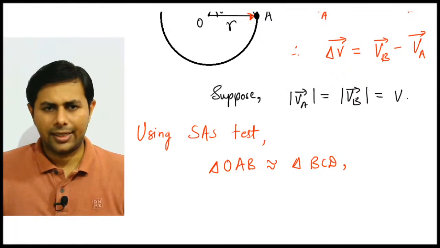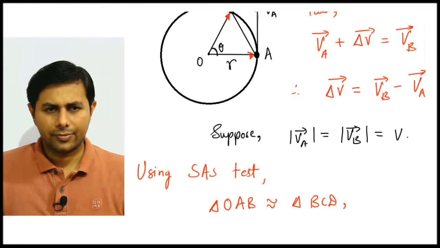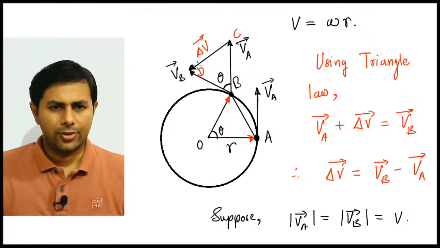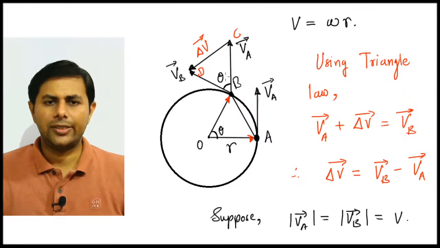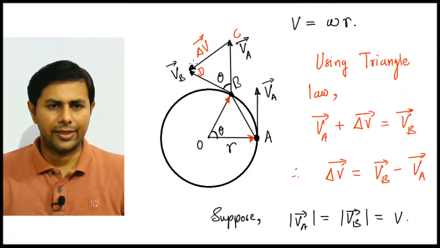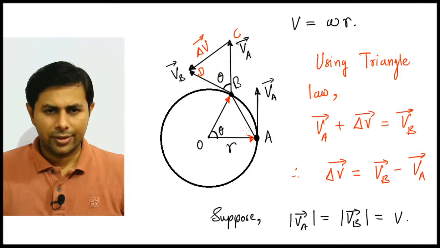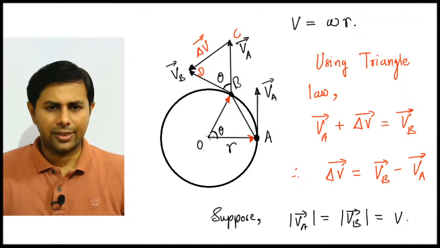And that's why we can write, the ratio of corresponding sides of similar triangles is equal. If I take the ratio of this delta V to this side, delta V divided by V will be equal to what? The length of this side divided by this side. And what is this?